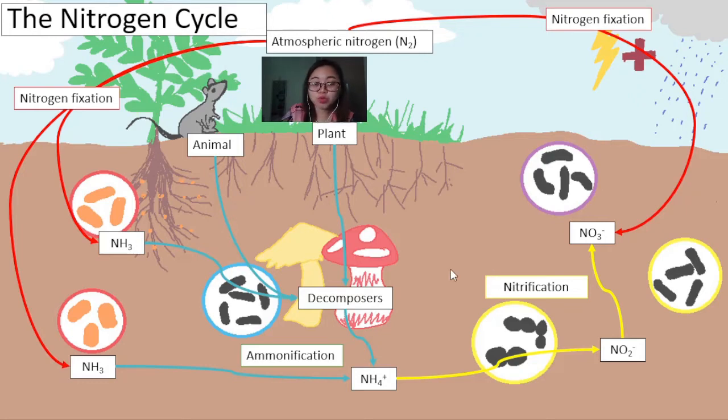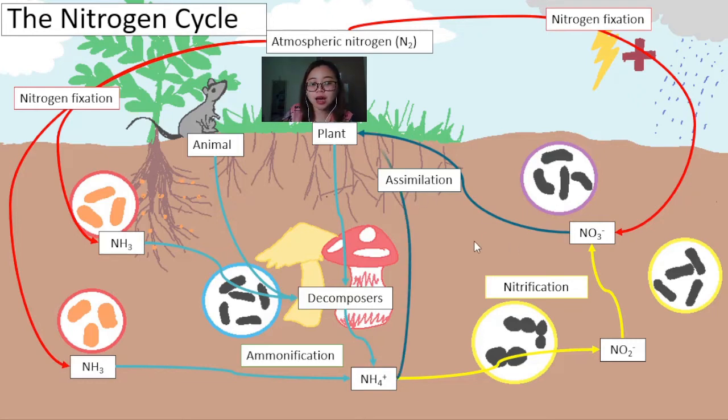Well, the first one that the plants will take is nitrate, NO3 negative. So it will be taken up into the plant through a process called assimilation. Bila tumbuhan serap nitrate daripada tanah, itu digelar sebagai assimilation. Plants don't only take nitrate, they can also take ammonium.